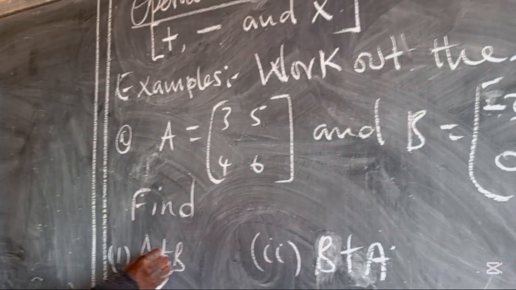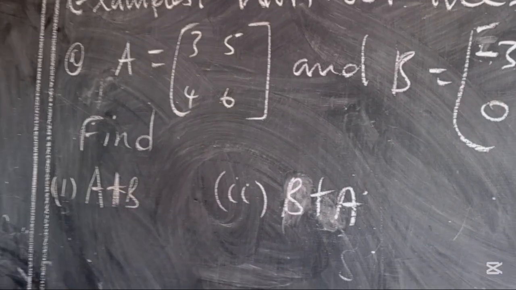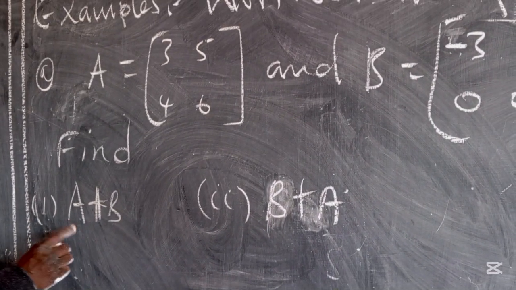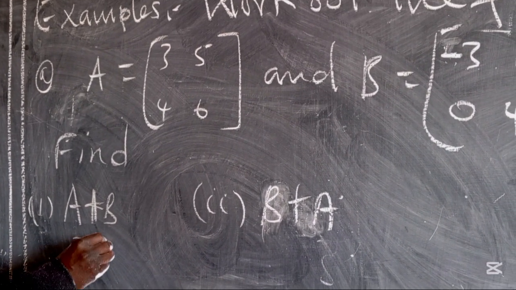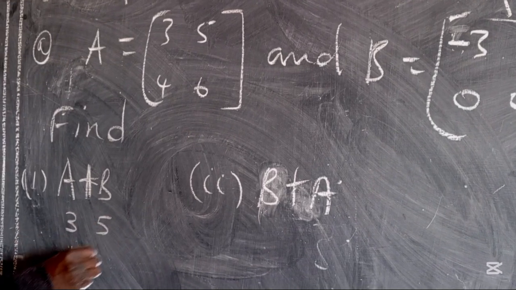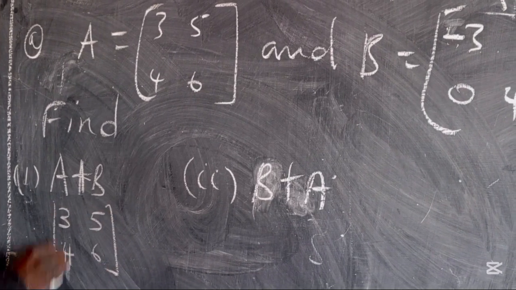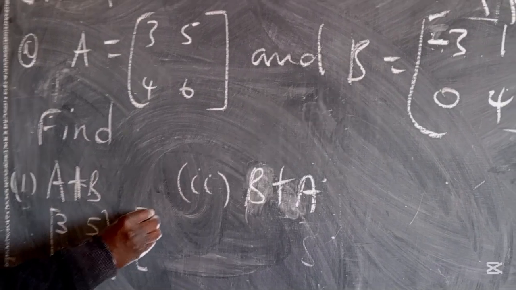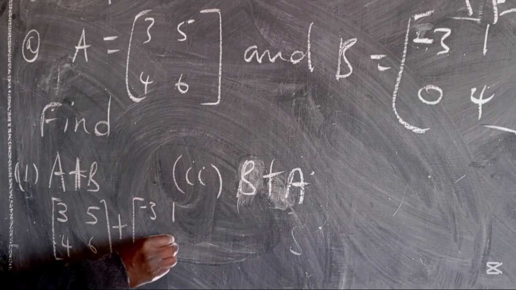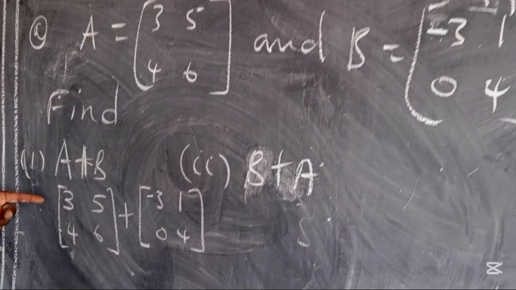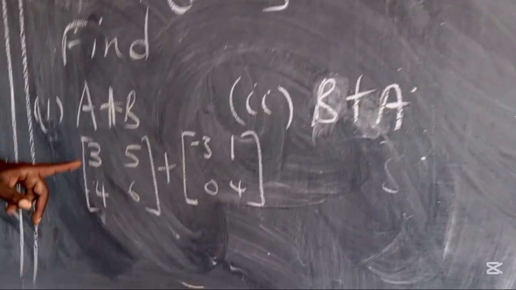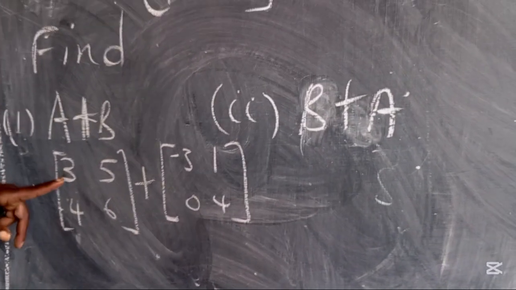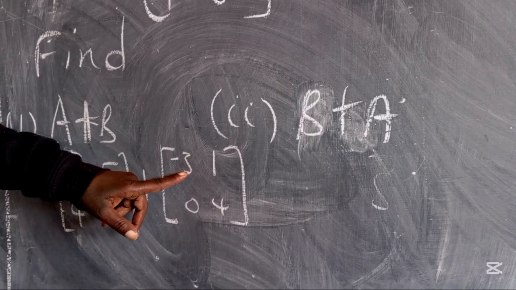For example, if they tell me to find A plus B, the first matrix they have mentioned is the one I should write first. Don't interchange. So this is my A plus my B, which is negative 3, 1, 0, 4. I talked about entries: my first entry here is 3, and here my first entry is negative 3.